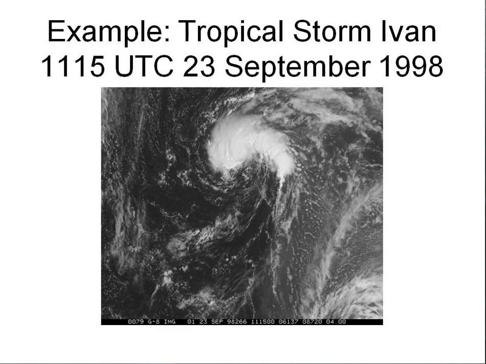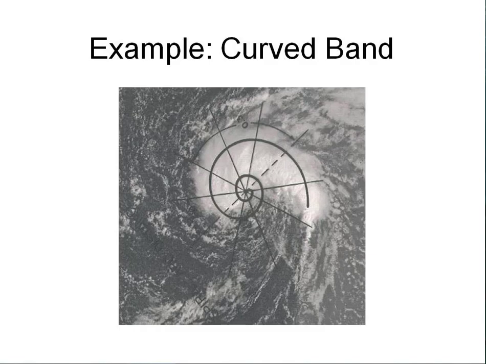Here's an example to show Dvorak analysis for the curved band pattern. The curved band is defined by the axis of the brightest clouds. That is, the most dense, deep convective clouds. Here, a log 10 spiral with markings at 1/10 interval are overlaid on the image.